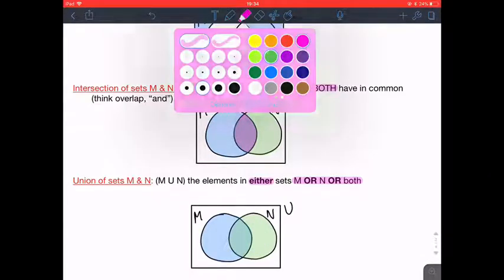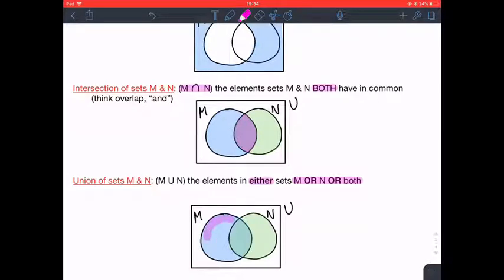So the union is everything in set M or set N or in both of them. So it's everything that we just highlighted right there. So everything in both of those sets. All right. So again, think all together. So all of the elements all together in all of those sets that you're talking about. And the key word there is "or."